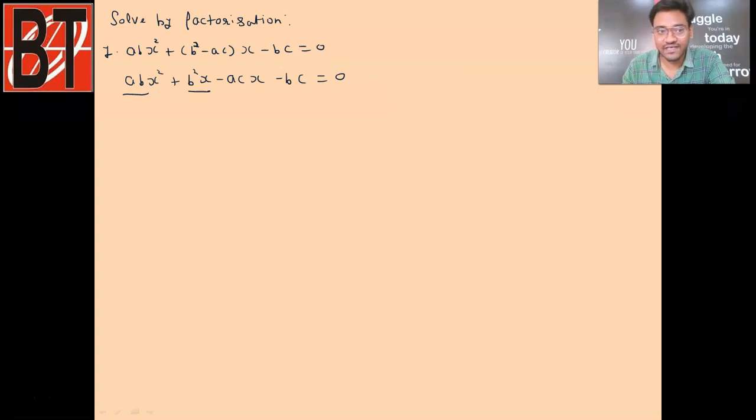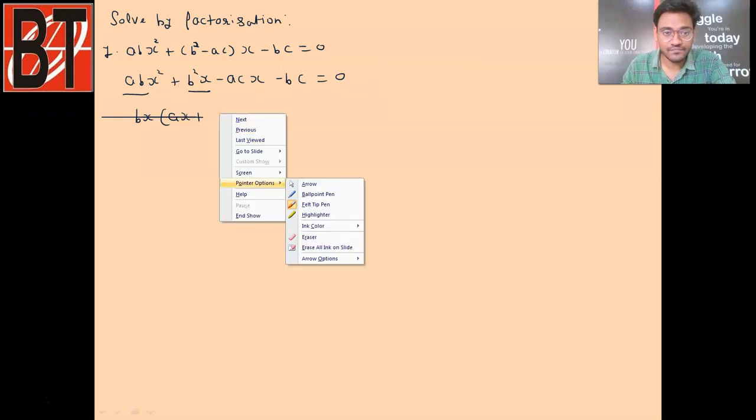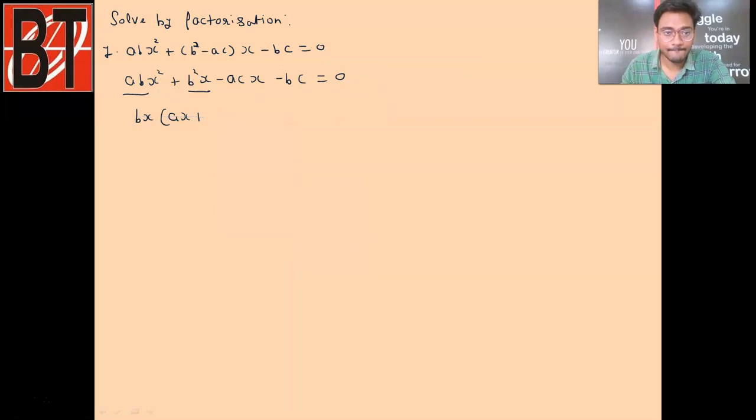So you can easily take bx common out of the first two terms. What we will have inside the bracket? Inside the bracket we will have ax plus, because 1b is outside the bracket, so we will have plus b.